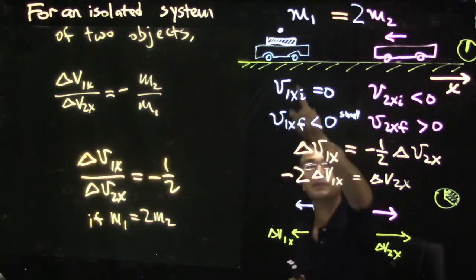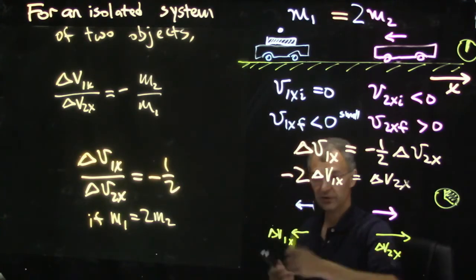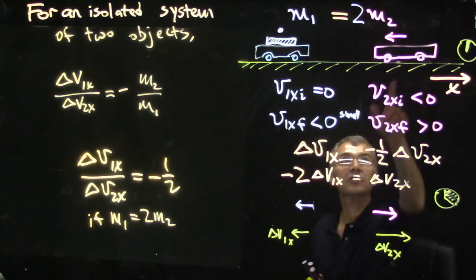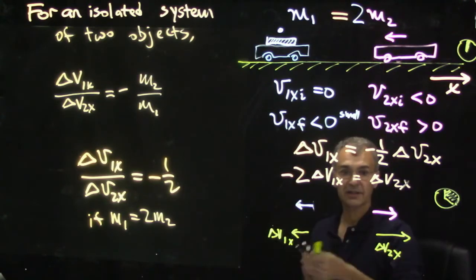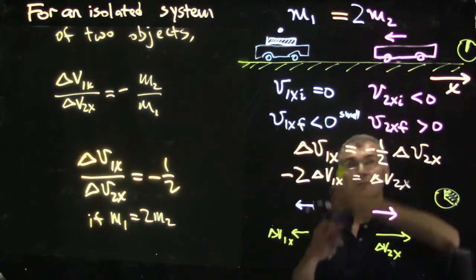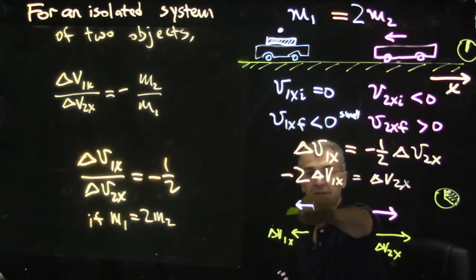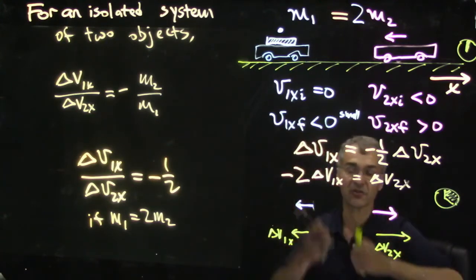So to go from nothing to pointing this way is a change, which points this way. And to go from this way to that way is a change, which points that way. And actually, going from this way to that way is a bigger change than going from nothing to that way if these two things are similar in magnitude.